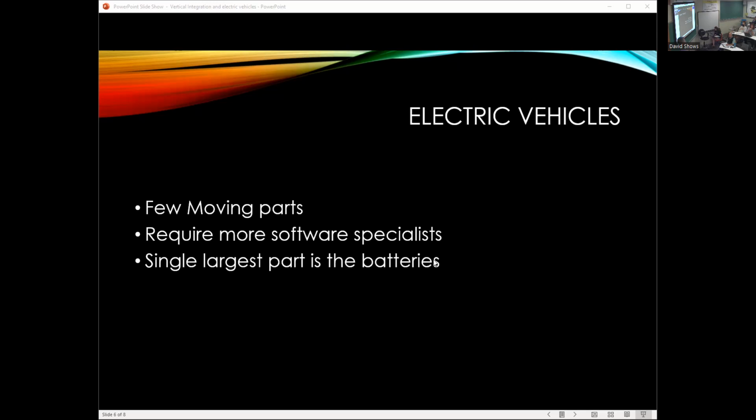A liquid state lithium battery like you have right now, the purity of the lithium practically has to be to 6 significant figures in order for lithium batteries to survive, okay? It's a very unique technology. You also find that with electric vehicles, they tend less to be mechanics and more to be software specialists and engineers.